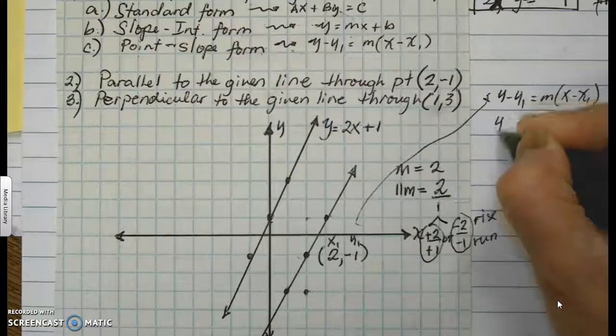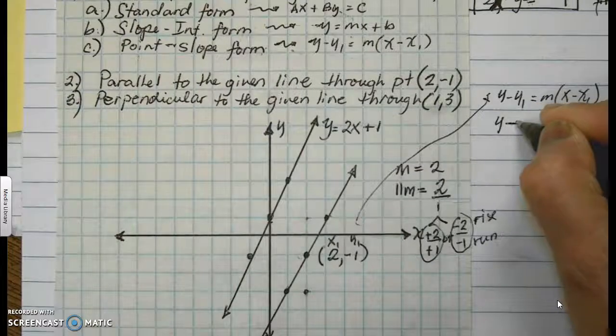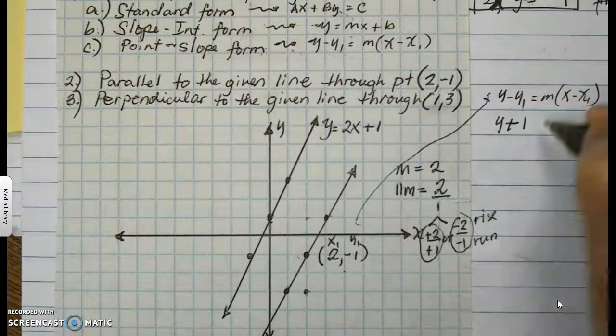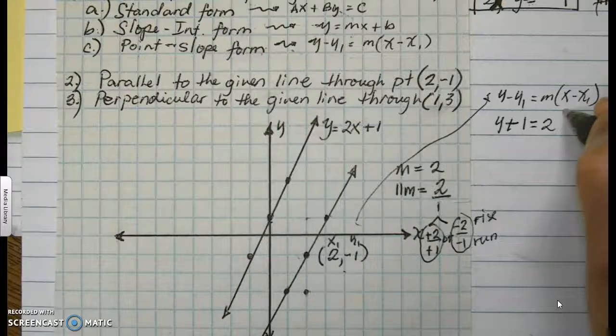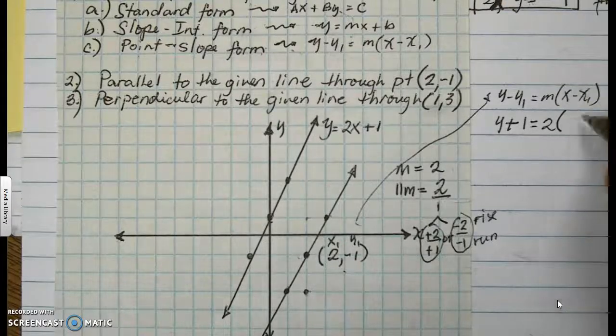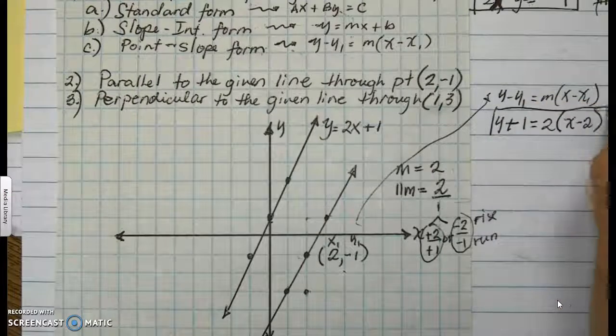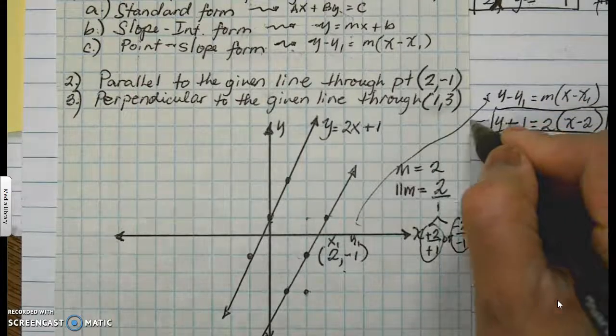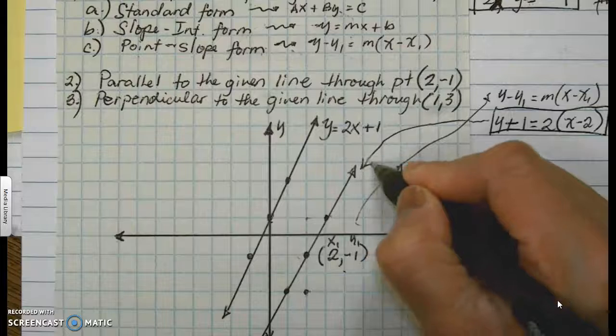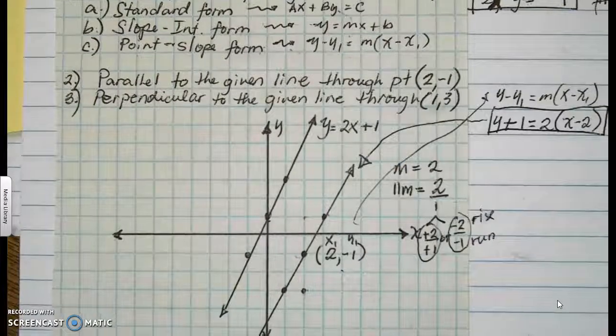It's now going to be y plus 1, because double negative is positive, equals 2 times x minus 2. Guys, this is it. That is already the name of your line. So you're going to put an arrow and point it to that, because that is your line.